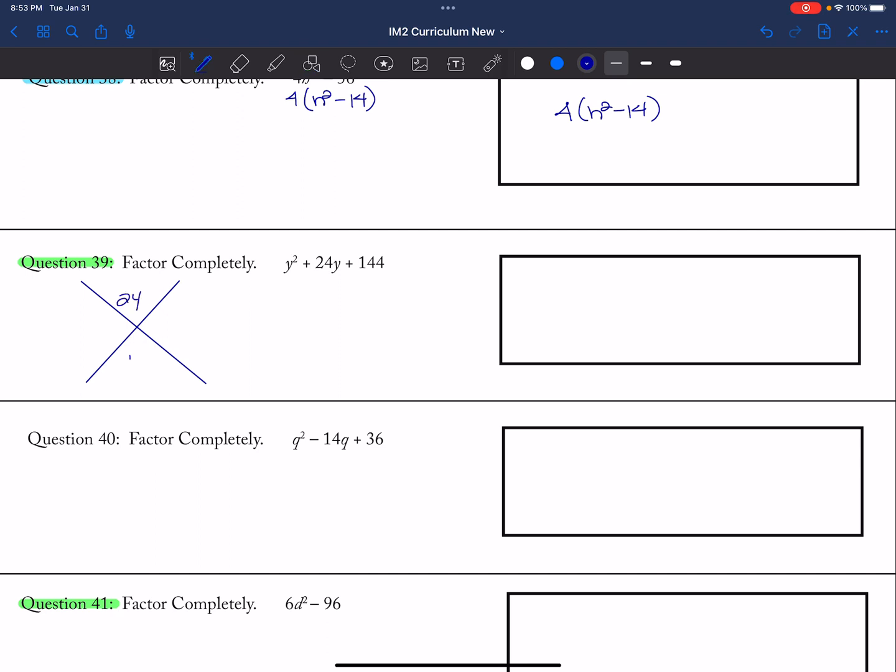Okay, and then 24, 144. So 1 and 144, 2 and 72, 8, 9. So 3 and 4 would make 12, 24.